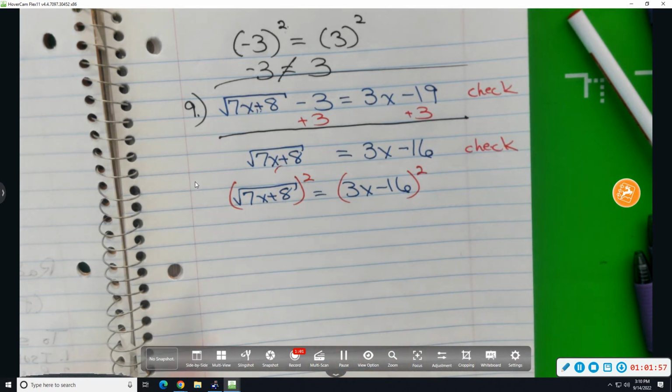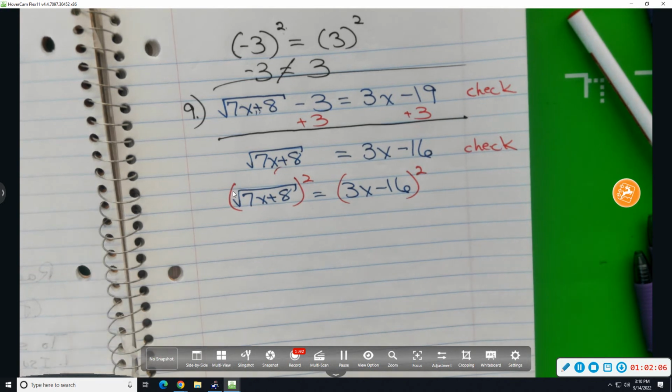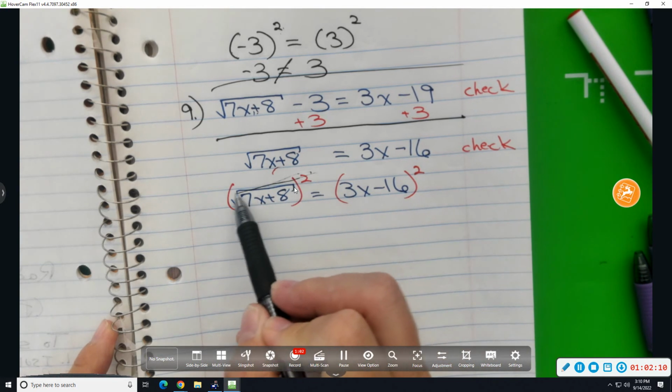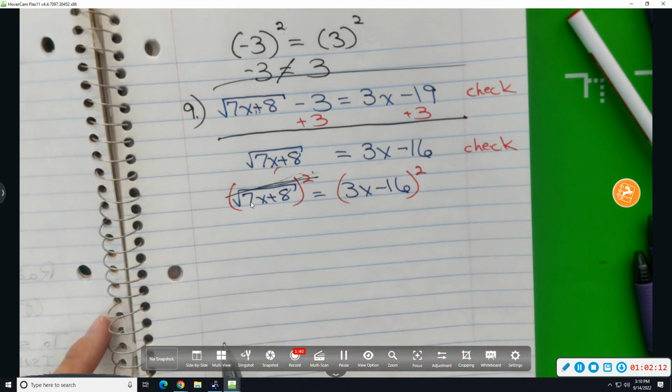I think the left side's the easy one to reduce down. What's about to happen? The square root and the square are going to cancel out, leaving you what? 7x plus 8. I agree.